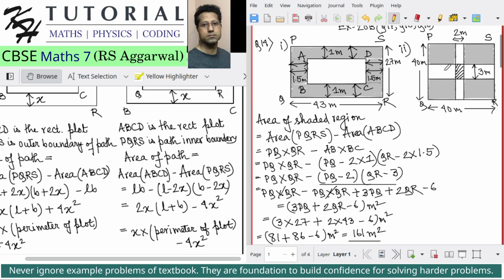So let's name the regions. Let's say this is PQRS, and let's say this is A, B, C, D, E, F, G, H, I, J, K and L.